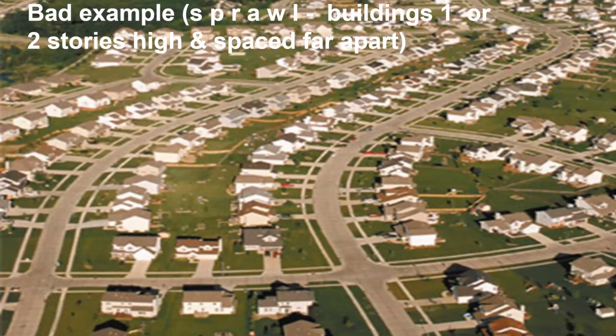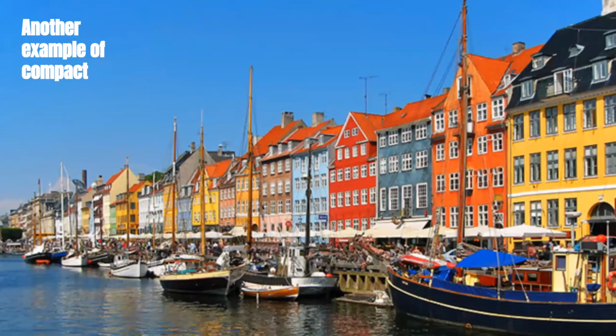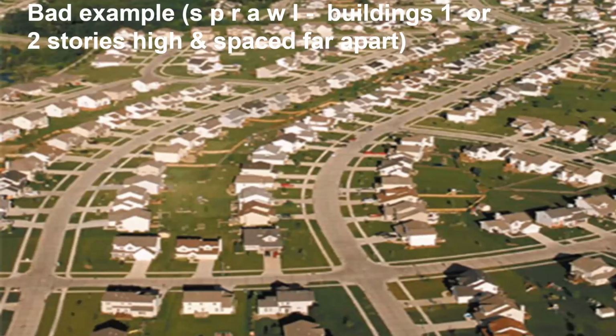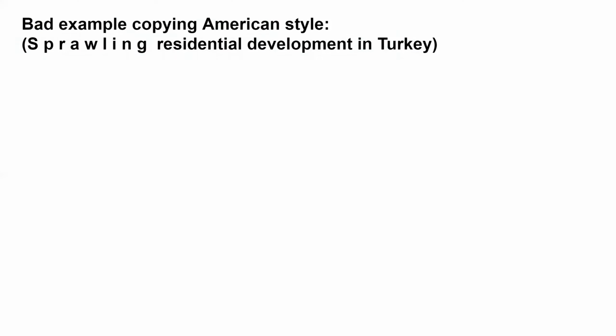They have to drive to work, they have to drive to school, and it's too far to walk, it's too far to ride a bicycle, and it's so sprawled out that even the bus and public transportation won't come here. Okay, so super compact, compact, and sprawl.